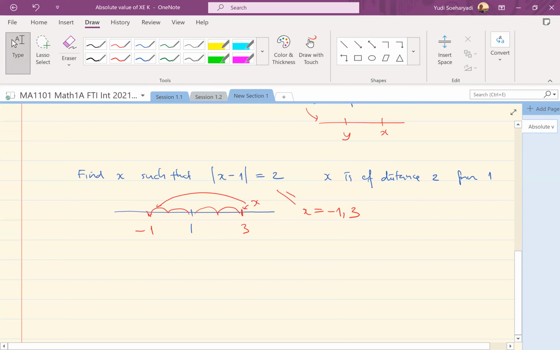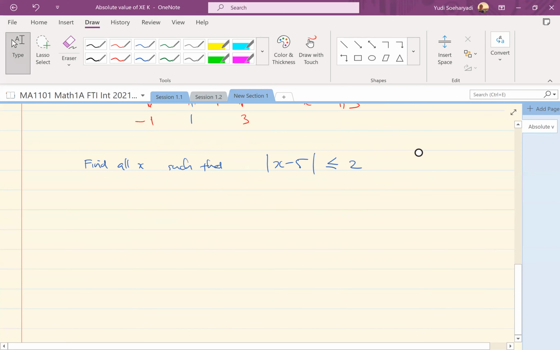So now you can solve something easily. For example, find all x such that |x - 5| is less than or equal to 2. You can read this as everything within distance 2 from 5.